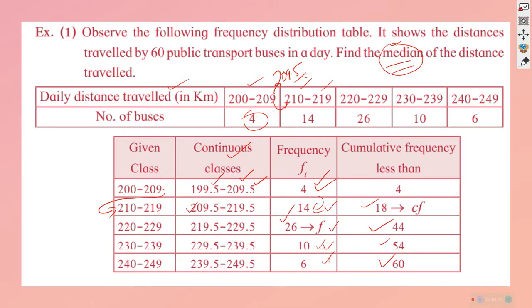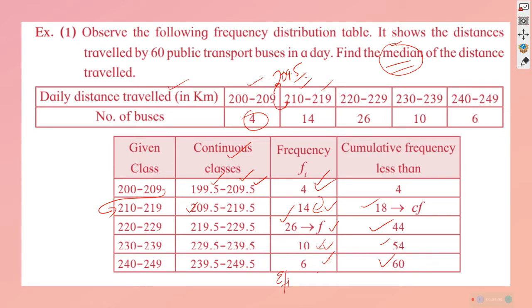The assumed median value is in the class 219.5 to 229.5. That is our assumption, and with that assumption we will apply the formula which you have already studied, and you will get the answer. So here, if you think about the sum of sigma fi, we will get an answer.